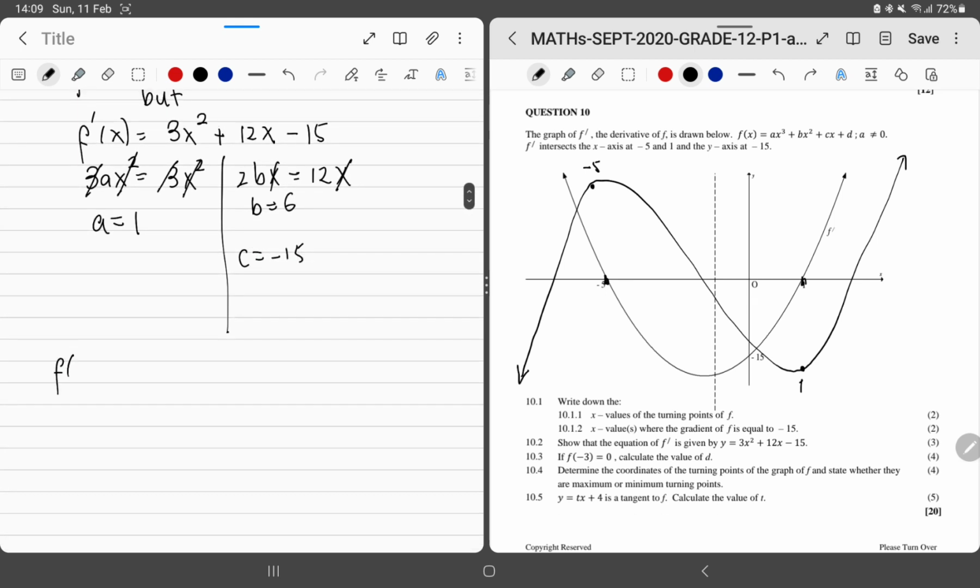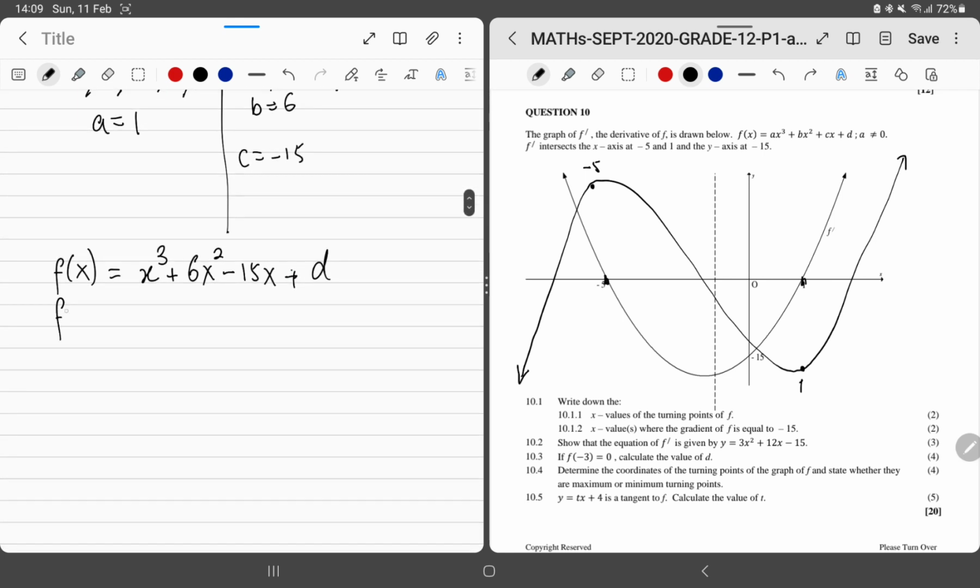And then I'm going to say f of x should be equal to, I said a is equal to 1, so that's 1 cubed, plus b is 6x squared minus 15x plus the d. And then they told me that f of negative 3 should be equal to 0.